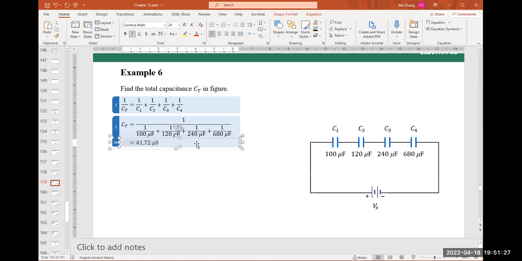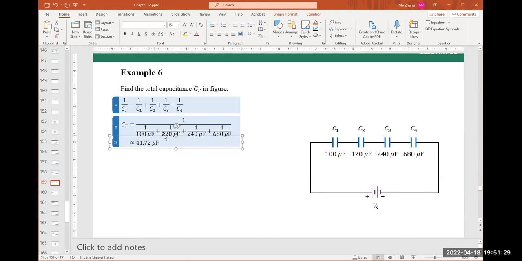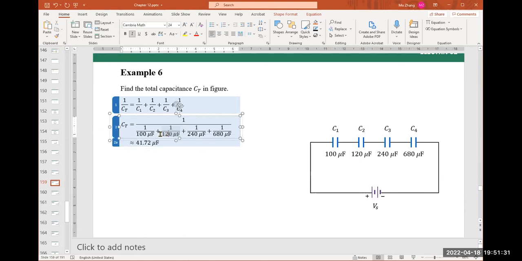For our class, where we have easy numbers such as here, most of the time we don't need to worry about different prefixes, such as this is micro, maybe the next one is milli, and here we have pico. No, we don't. For our class, the intro class, we don't need to worry about that.